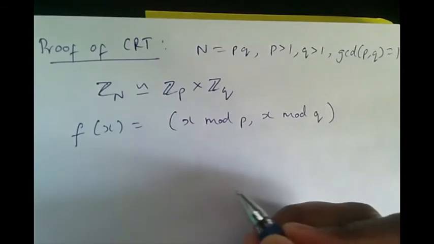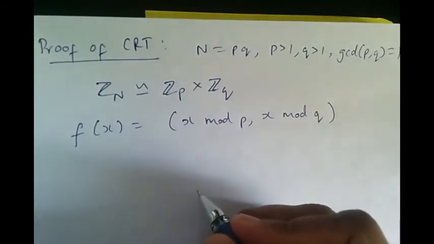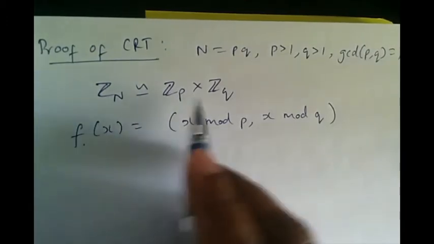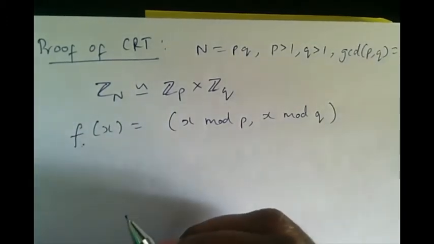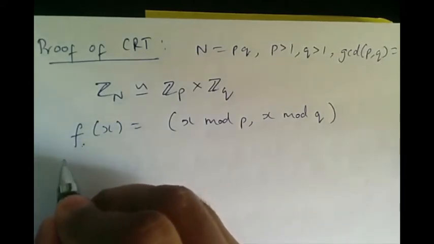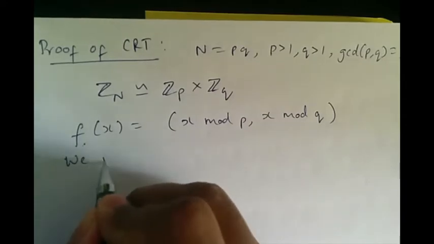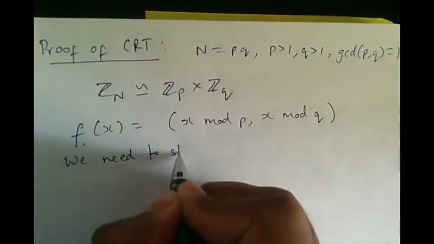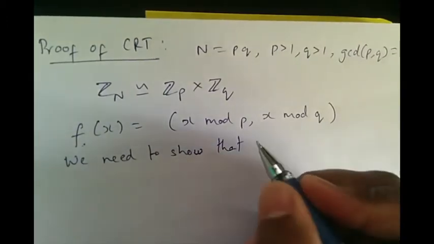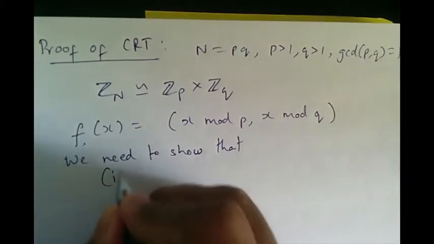This is an isomorphism. So we want to show that this function defined on Zn is a bijection. So we have to show that it is 1-to-1 and onto, and then we need to show two things. First, f is a bijection.